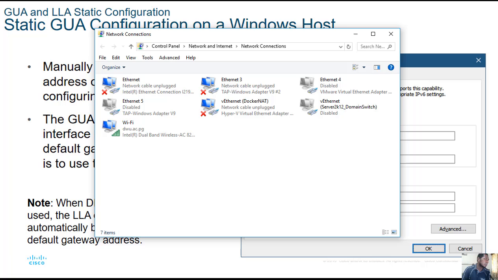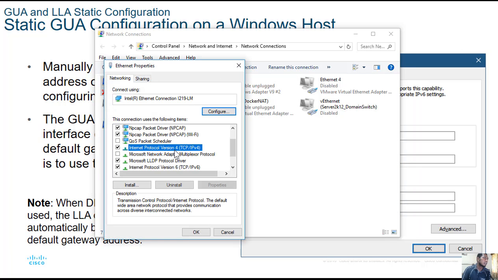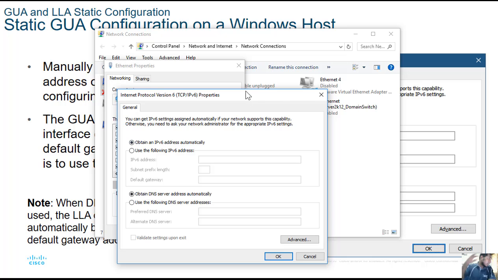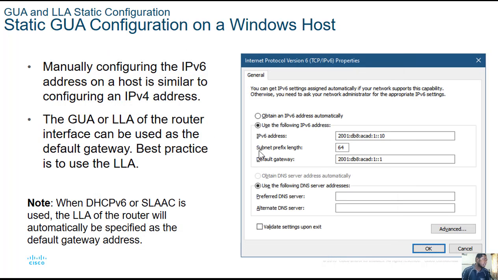So you select IPv6, make sure it's enabled, click on properties, and then you can start assigning an IP address to the network interface card. So this is all about manually configuring the IPv6 address on a host, and the whole process is similar to what we would do with an IPv4 address.